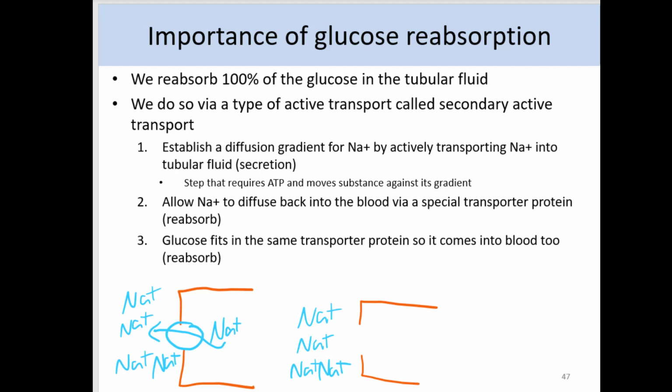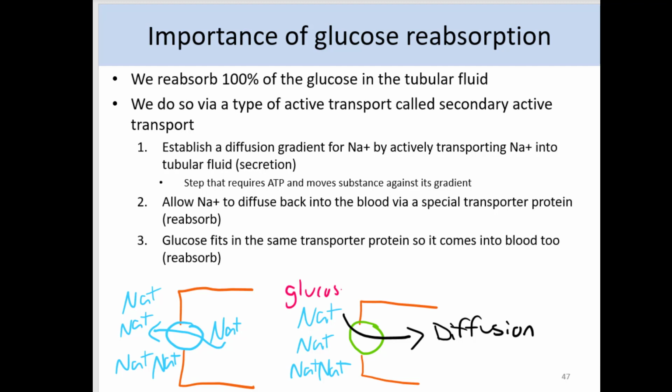I need a second transporter protein to perform this. And this is going to be a transporter that's going to allow for the diffusion of sodium. So this will be facilitated diffusion of sodium back into our renotubule cell. And as that sodium comes in, the glucose is just going to be real sneaky.